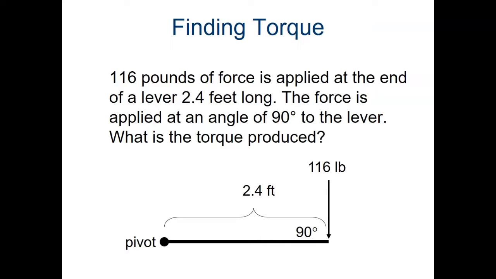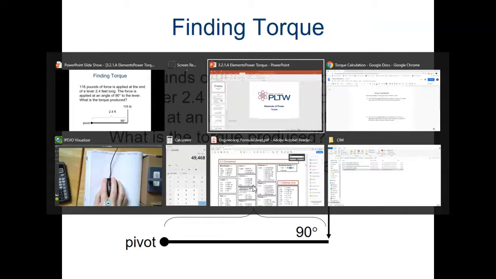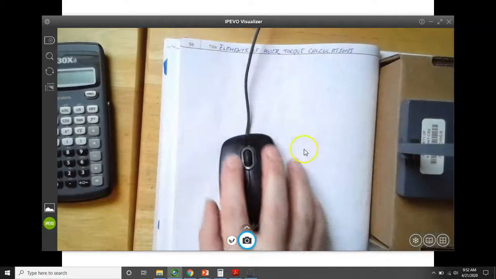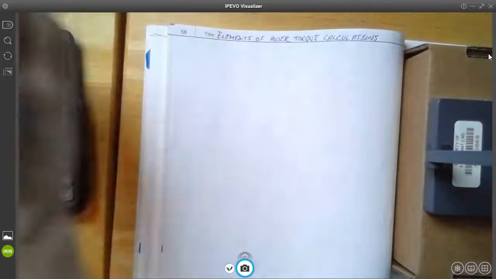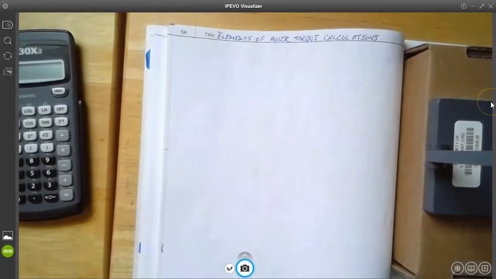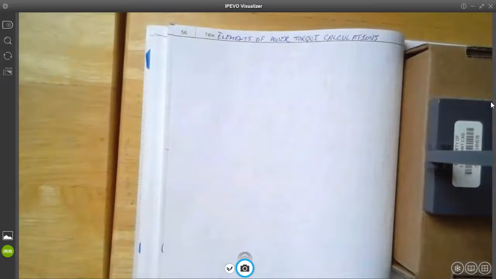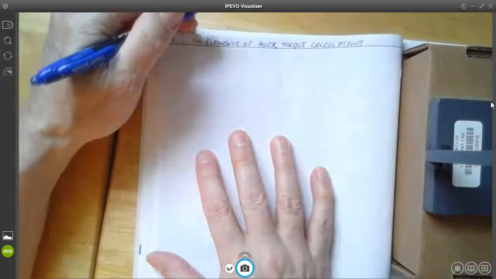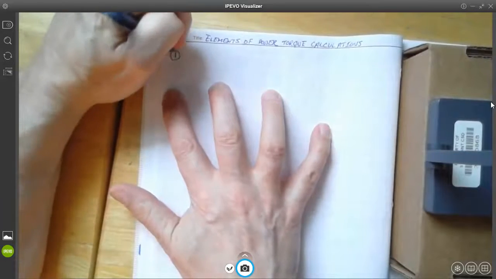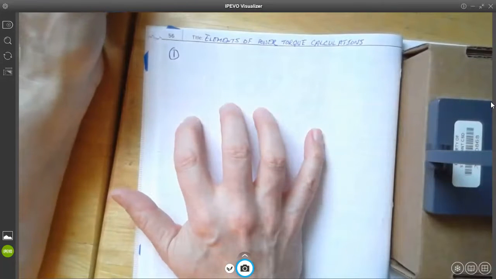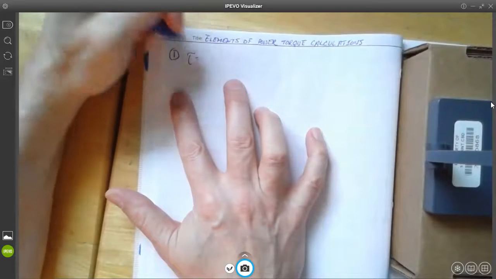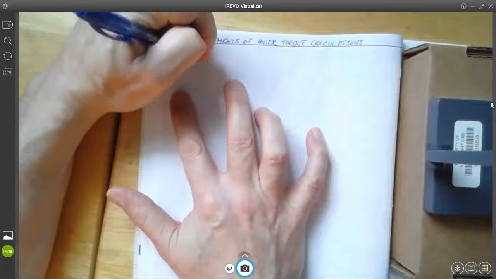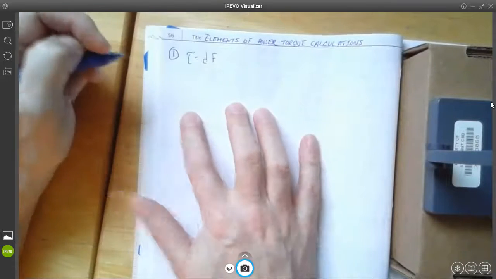So I'm going to show you my camera. Here we go. I'll enlarge this up and move my mouse out of the way. The first thing we have to do in any of these calculations is calculate the torque. Our torque formula is tau equal to distance times force.